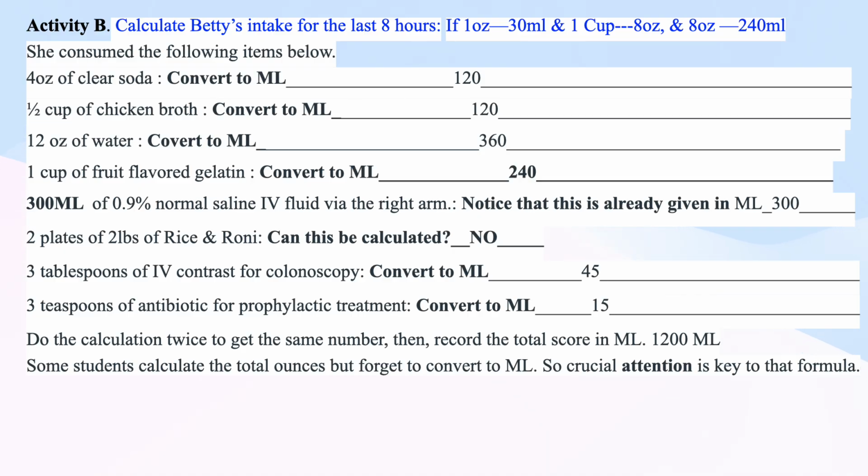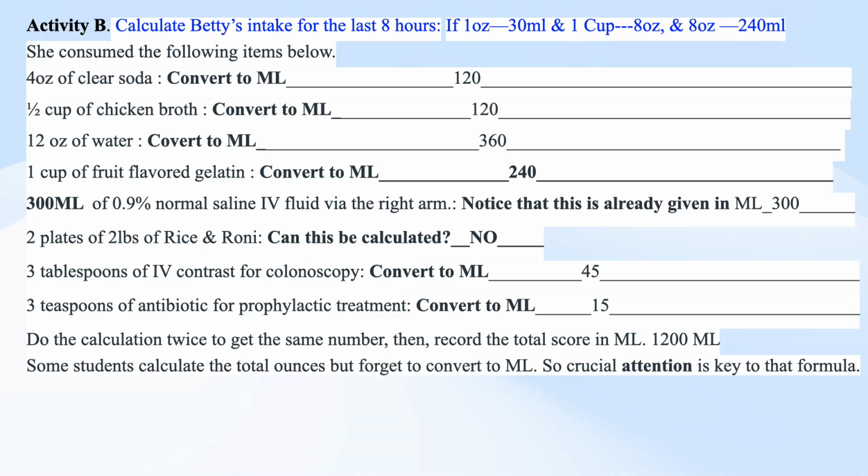Now, some students do have a tendency of adding up all the ounces in their intake item before doing their calculation. That's not a bad approach. You just have to pay crucial attention to convert the total ounces at the end of your math.